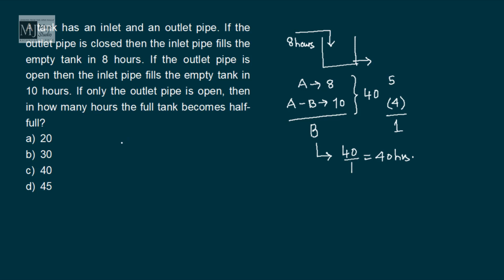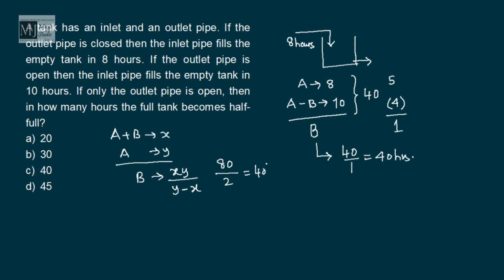One might also use the direct formula for that: if A plus B is X and A is Y, then B is given by product by difference. You can also use this here. 8 into 10 is 80 and 10 minus 8 is 2, so you'll get 40.